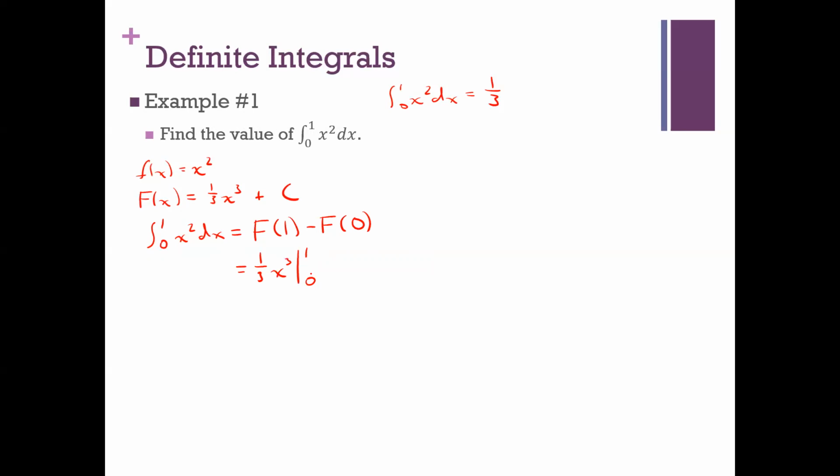Oh, I left off the c, didn't I? So if I plug in 1 to this expression here, I get 1/3 plus c. If I plug in 0, I get 0 plus c. So when all is said and done, I get 1/3.